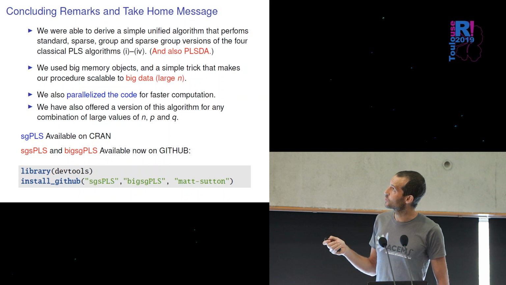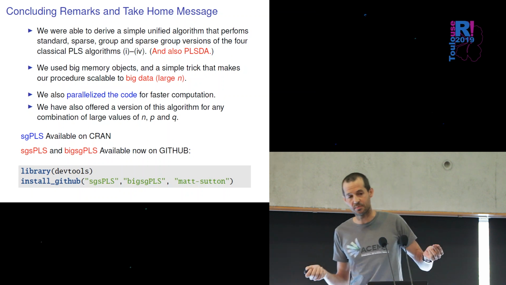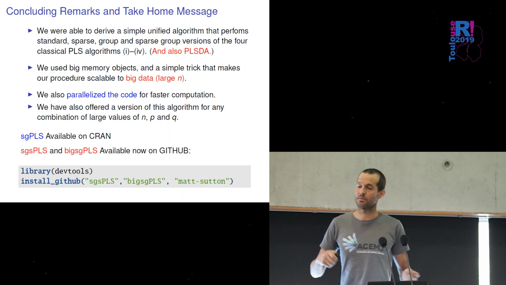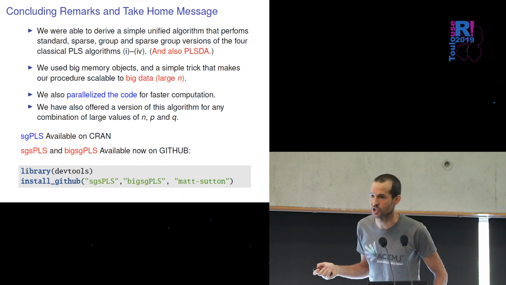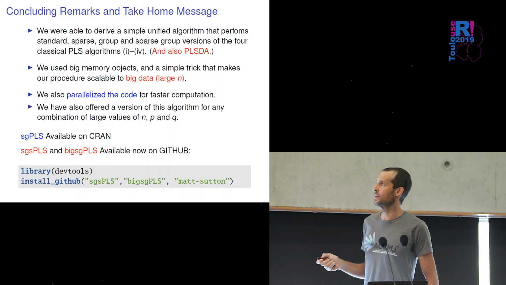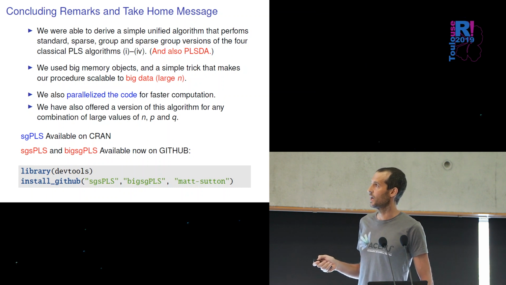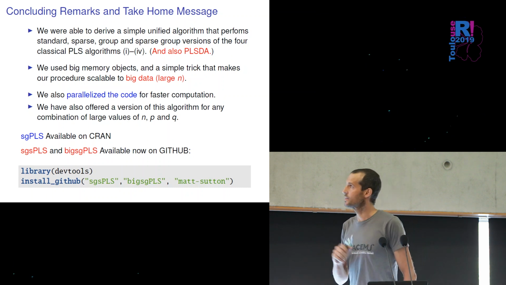We have dealt with tall data by doing some tricks, and we have parallelized the code, and now we also have some combinations where n is big, p is big, q is big, many combinations.